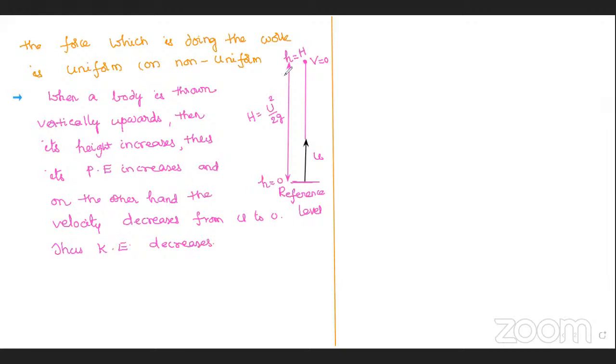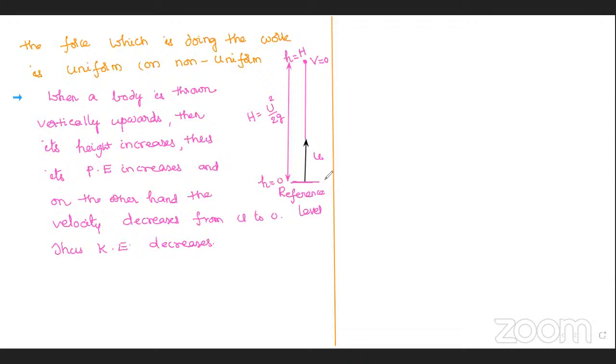Okay. So potential energy is increased, simultaneously kinetic energy is decreased. This one you learnt in your lower standards. Kinetic energy decrease means loss in kinetic energy, that you already know is always equal to gain in potential energy. Okay, that I am going to prove here.